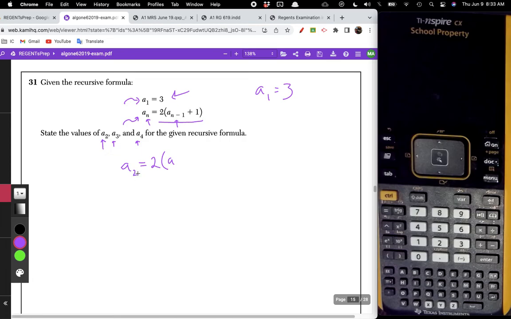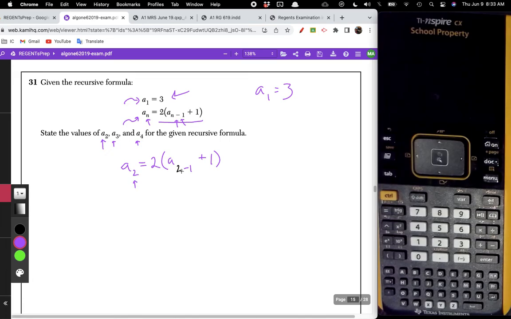Well, n in this case is 2, so I'm going to plug in 2 for this. a sub 2, and then the rest of the formula is 2 minus 1, n minus 1 on the bottom here. And then back up here, I have a plus 1. Well, that's great. All we did was plug in, right? Nothing crazy there. We wanted to find a2, so anywhere I had n, I plugged in a 2 in its place.